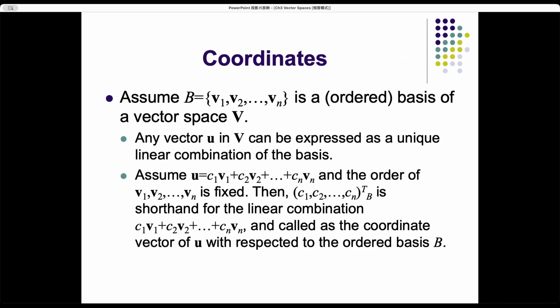If V1 to Vn is a basis, of course V2, V1, V3 and so on, if you change the order, it is still a basis. But now, let's assume the order is fixed. If the order is different, we consider it a different basis. So any vector u in V can be expressed as a unique linear combination of the basis.